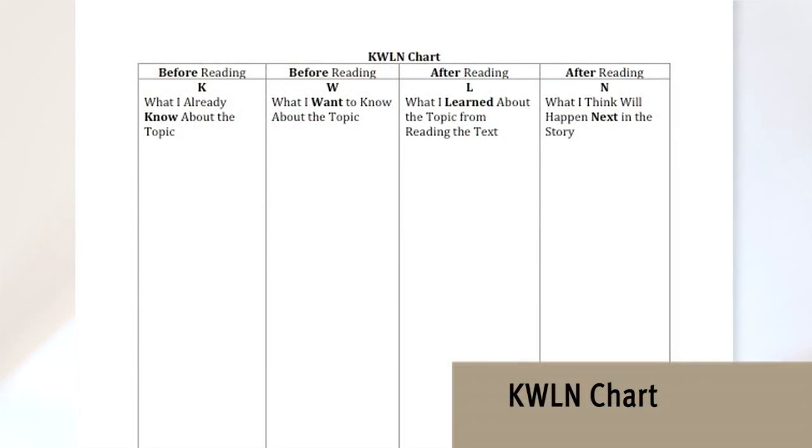And so this is a really nice tool that will help us ask and answer questions before, during, and after the reading. And then do you think at some point, after we've practiced this a lot and you get the hang of it, that this is something you could use when you're reading on your own? Yes. Okay. Good.